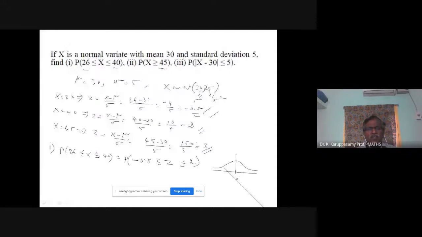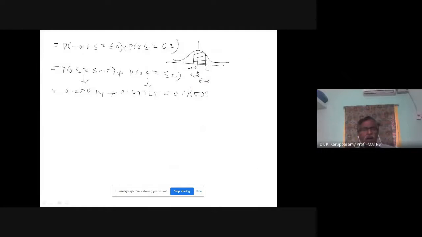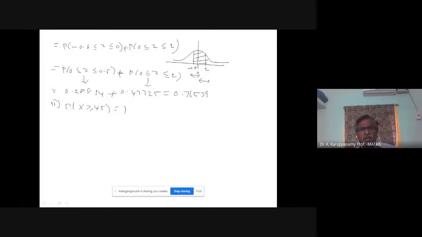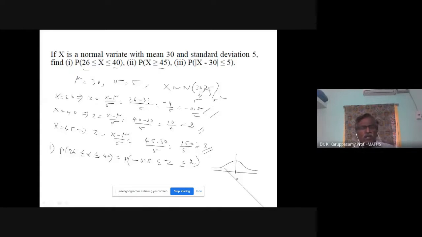Minus 26 to 40. Then greater than 45. Probability of x is greater than 45. Greater than or equal to, greater than, both are same. What is the corresponding value for x equal to 45 in terms of z? Z equal to 3.